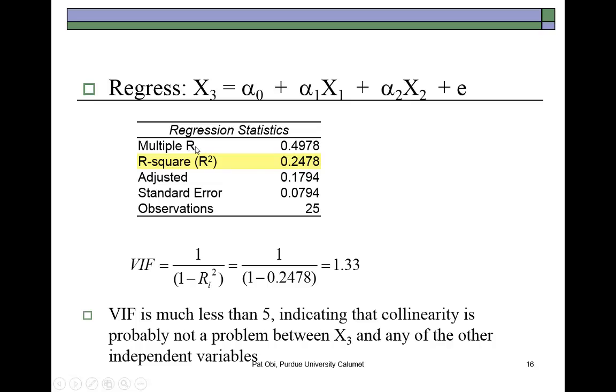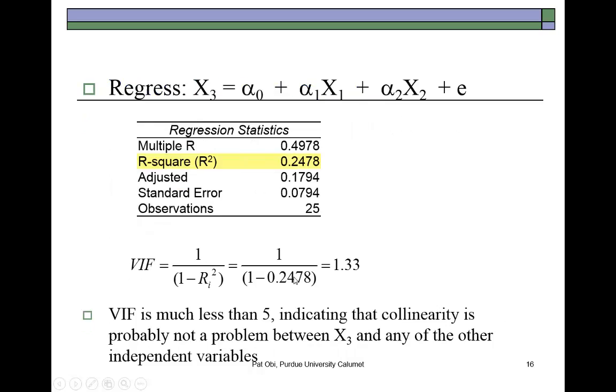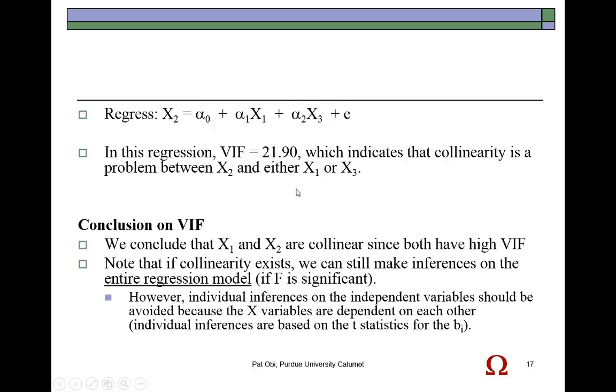So the variance of the coefficient of x1, which would be B1, is more than 21 times as large as it should be, and the variance of the coefficient of x2, which would be B2, is almost 22 times as large as it should be. So surely, just as the correlation matrix suggested, x1 and x2 are indeed collinear.